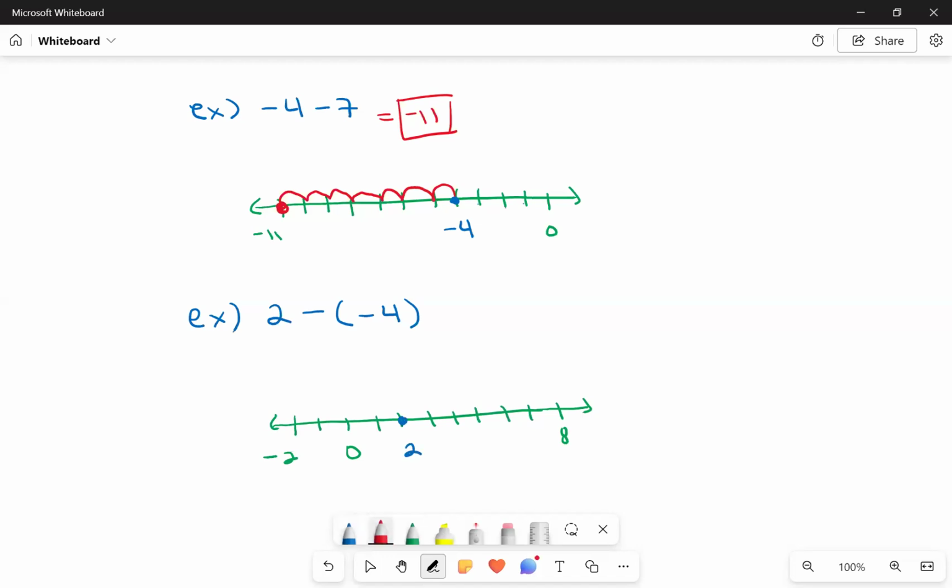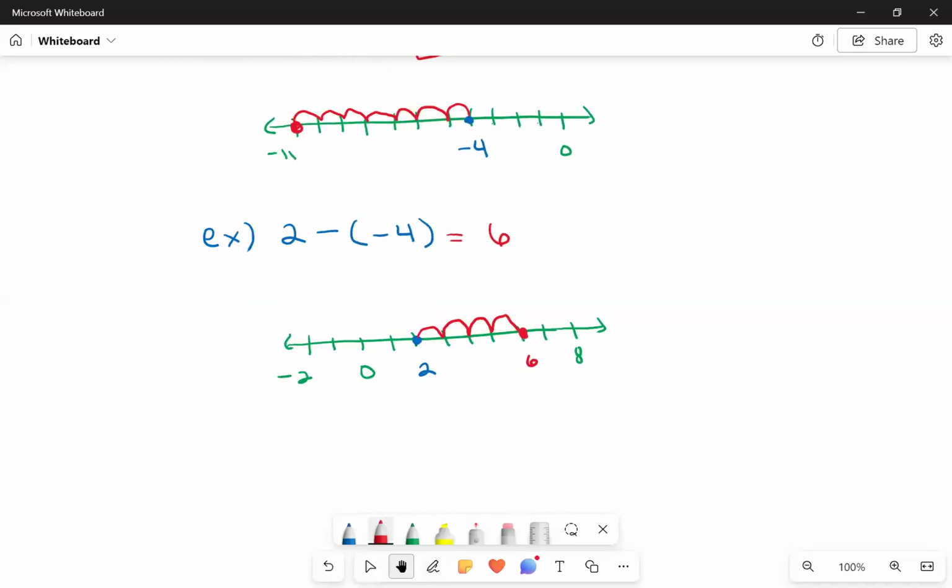Normally I see the subtraction and go left, but the negative says go the opposite way, go right. Instead I move right 4, which lands me at positive 6. So exciting.